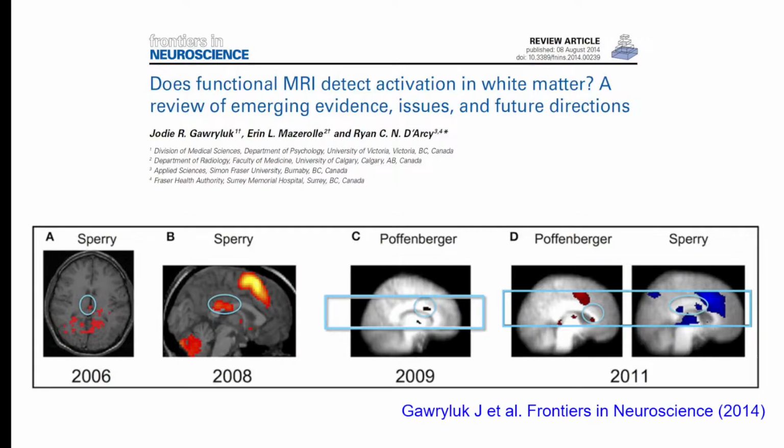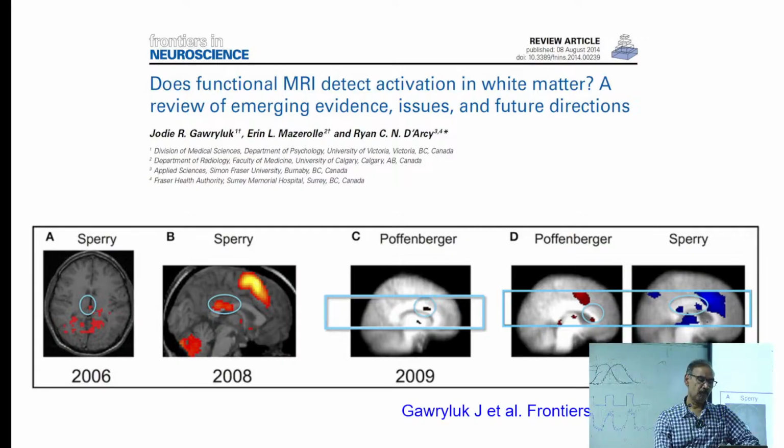And there is another test called Poffenberger, where also you see activation in the corpus callosum, which is white matter. They do see some activation in the gray matter, but there is consistent activation in the white matter.